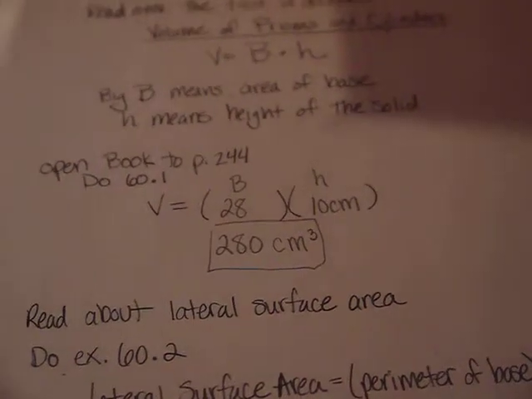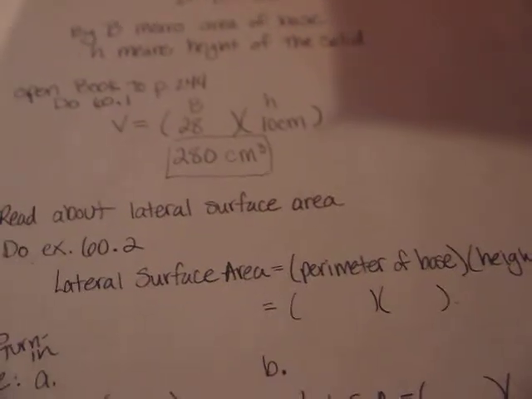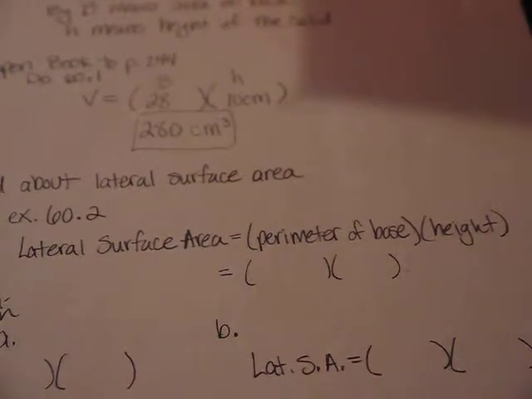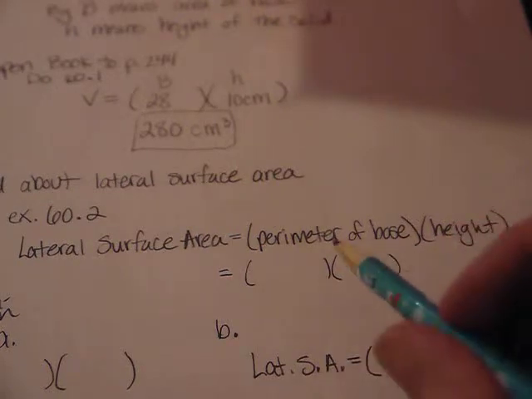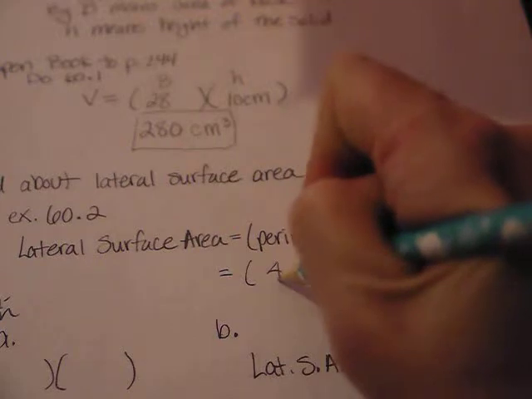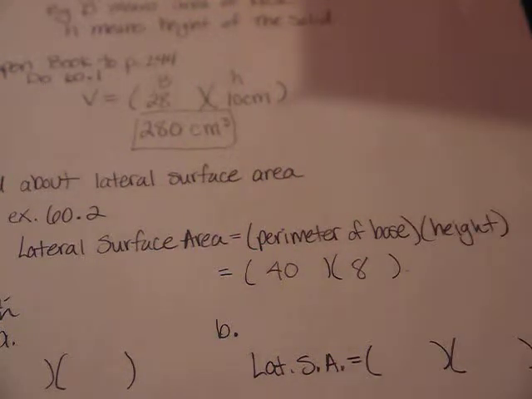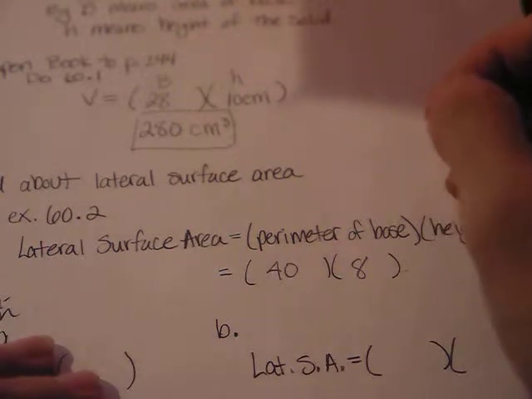Perimeter of the base. So what we want to do is find the lateral surface area, because that's what they're asking us to find: perimeter of base times the height. So we found out the perimeter of the base is 40 and the height is... what am I saying?